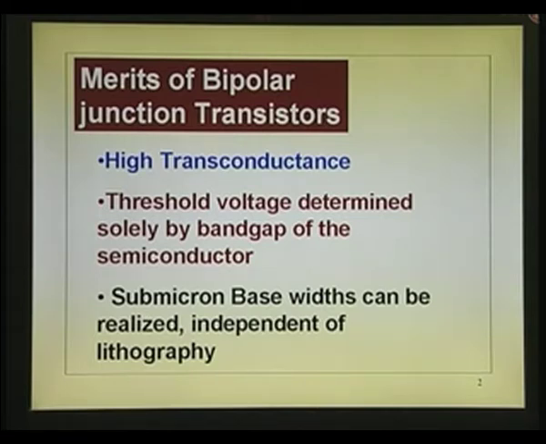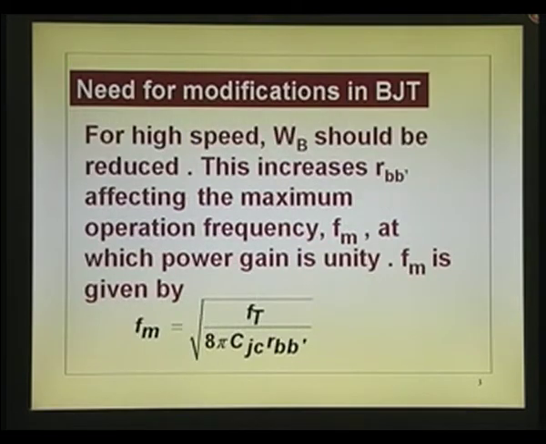It is decided by the base diffusion and the emitter diffusion, if you are talking about diffusion, or by the epitaxial layer thickness or by implantation doses. So, that way it is controllable. You do not need electron beam lithography to get a 0.1 micron base width. Now, that is about the BJT.